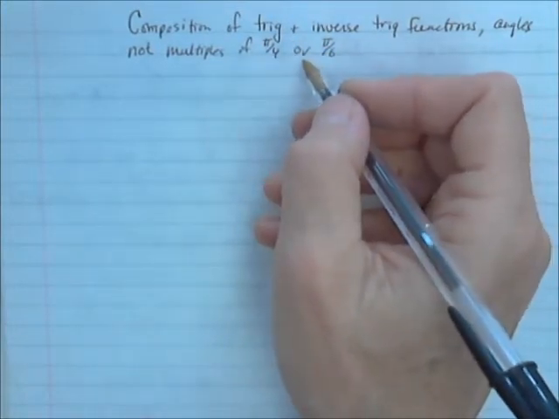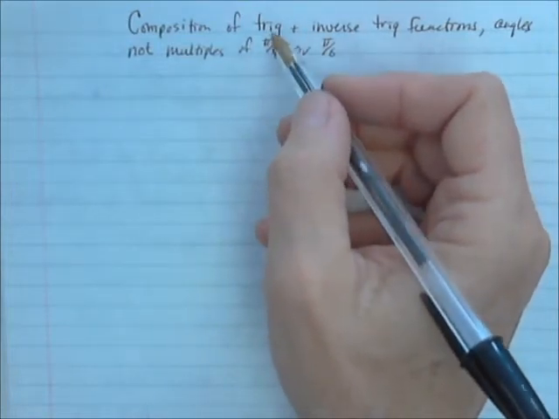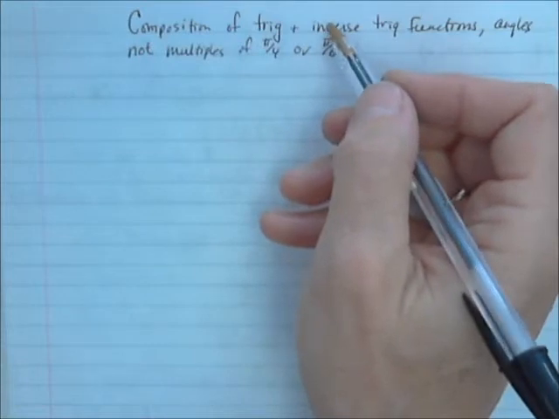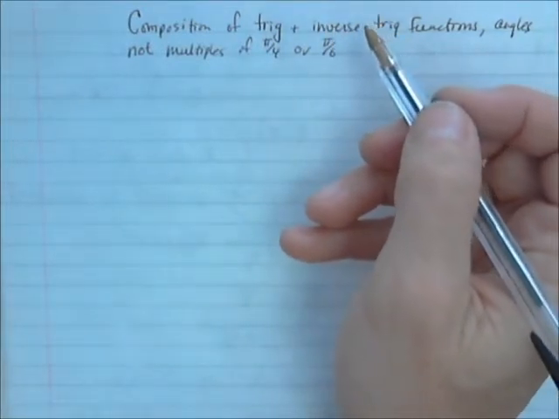We're not going to be talking about those angles right now, but we're still going to do a composition of sine, cosine, tangent, and the arc sine, arc cosine, arc tangent. And I'll show you what I mean by that.